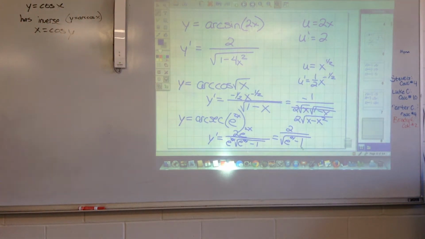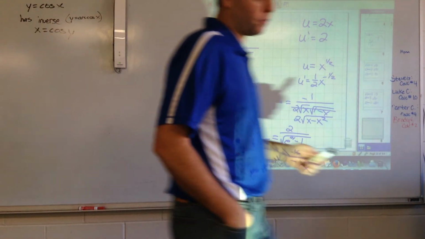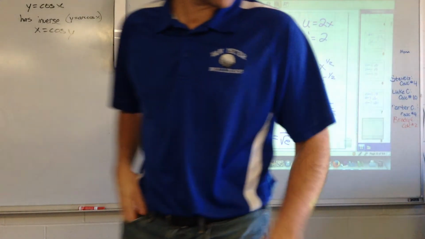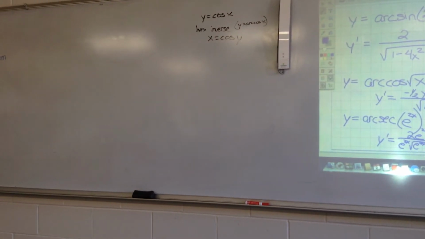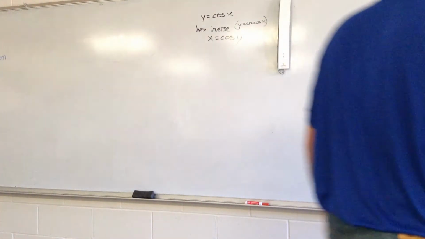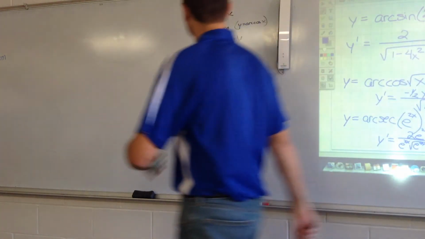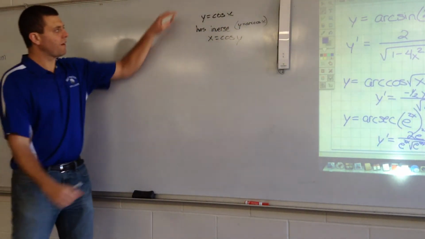Okay, so just some examples of doing some of the derivatives of these inverse trig functions. I want to go through the proof real quick of, let's do inverse cosine. Can I show you how it works? So just kind of follow this here.